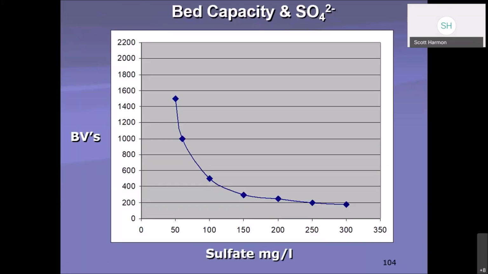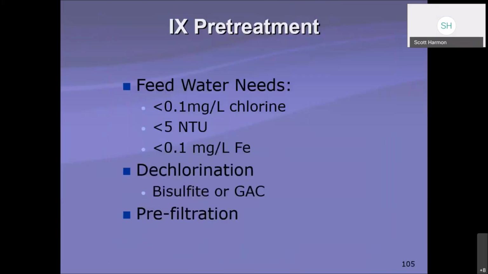Here's one for bed volume over top of sulfates. You can see the sloping number as it applies to the milligrams per liter of sulfate in the system. So pre-treatment tells you what your feed water needs to be.